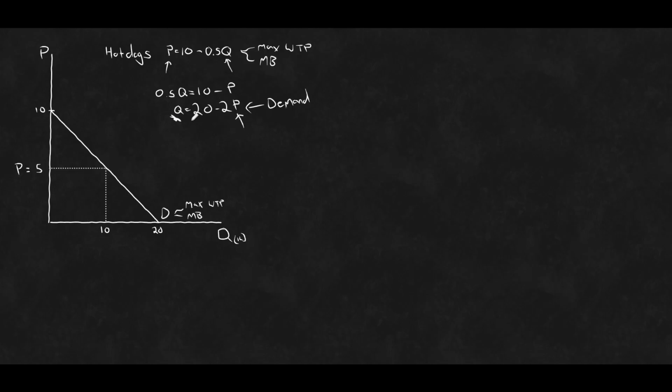The problem is, typically we think about a line as y equals mx plus b, such that y is our vertical axis and x is our horizontal axis. If we start expressing demand in this way, which is technically the correct way to express it, we see that q is our horizontal axis and p is our vertical.